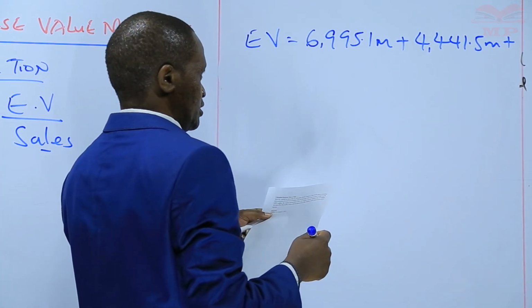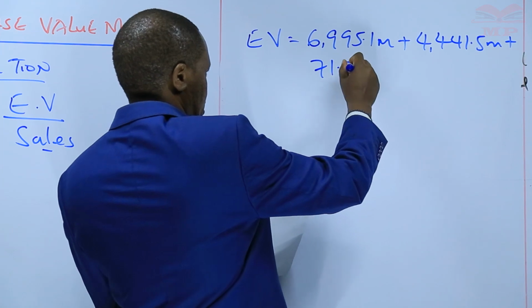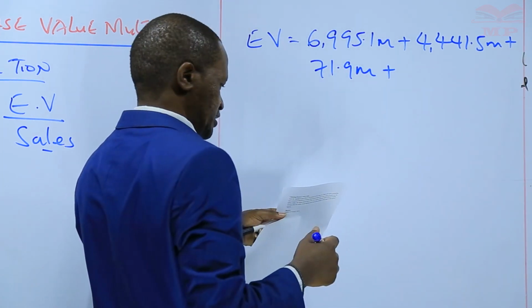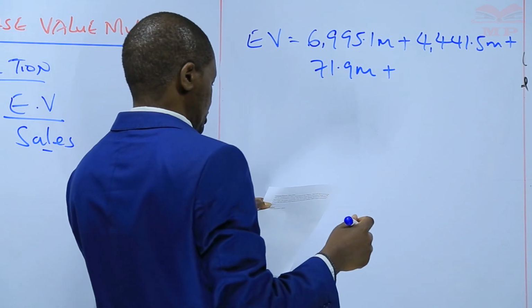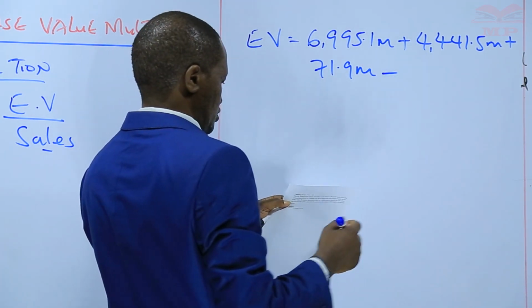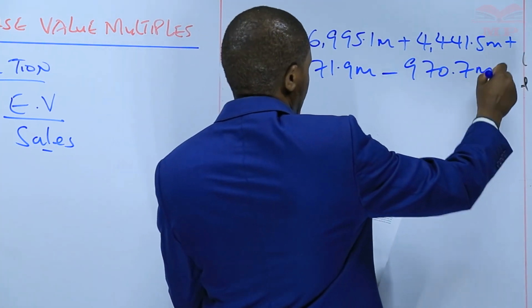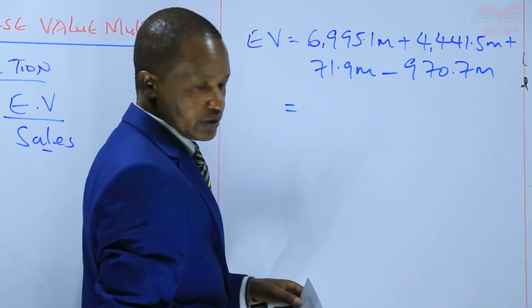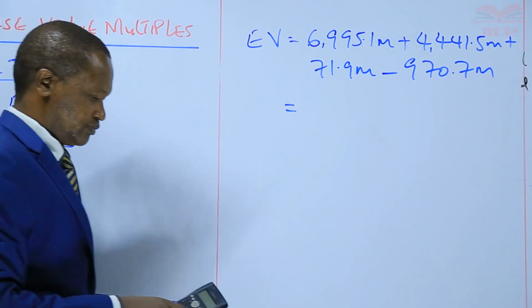Plus minority interest of 71.9 million, not plus but minus the cash, we deduct the cash of 970.7 million. That will be the enterprise value.